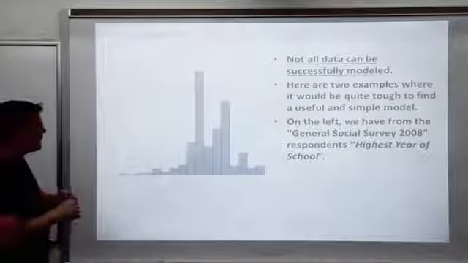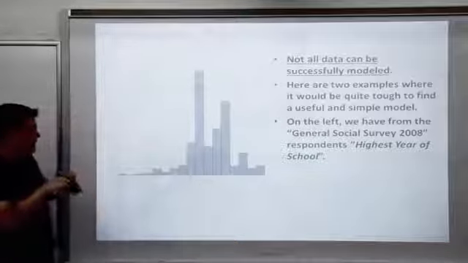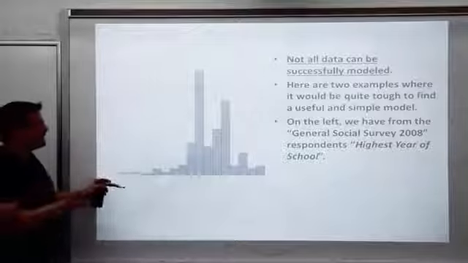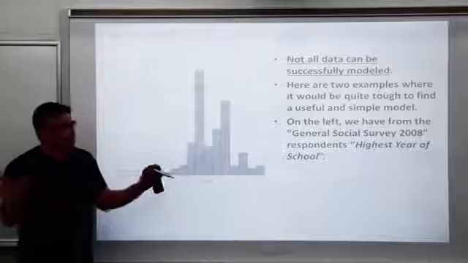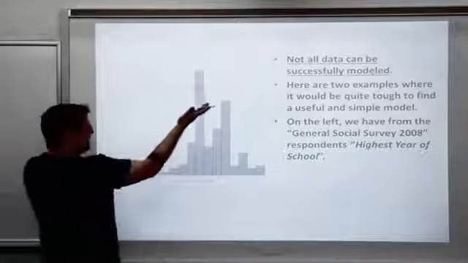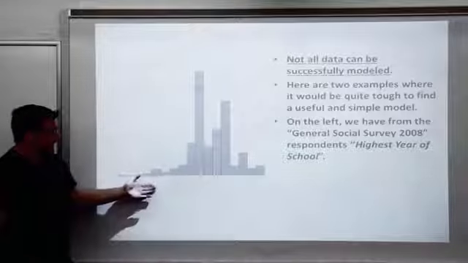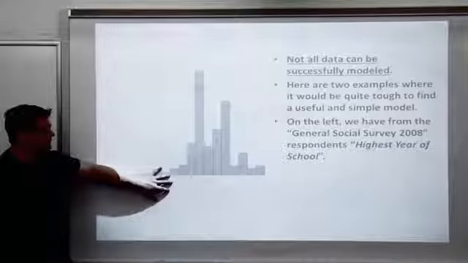It's just a model. To wrap this up, one point I thought of, I'd throw this in this little lecture here. Not all data can be successfully modeled. In Stat 1, MAT127, we're sort of hoping for nice data. Nice normal data, nice linear data. So I found this. This comes from that general survey on StatCrunch 2008. This is highest year of school.